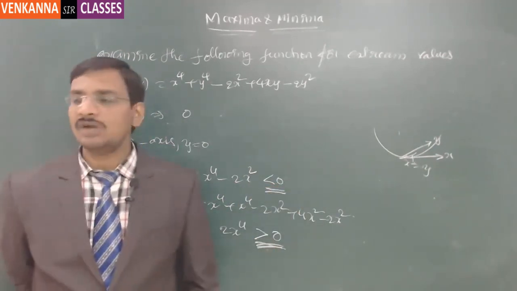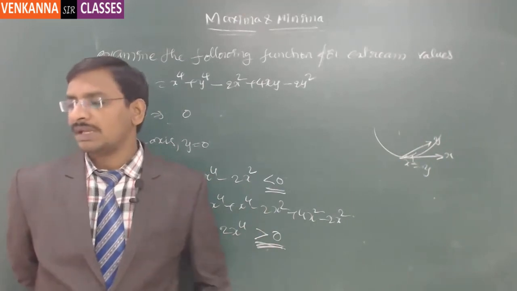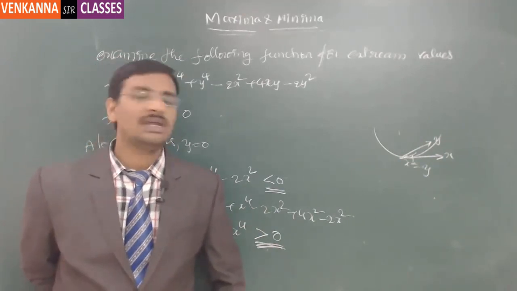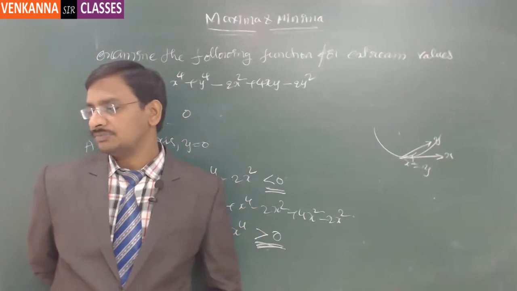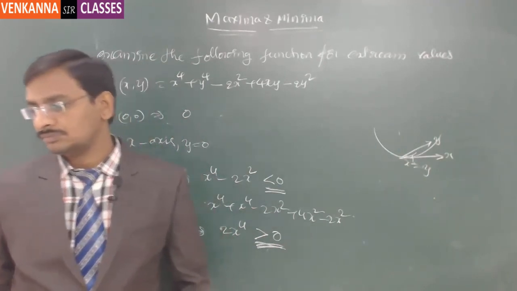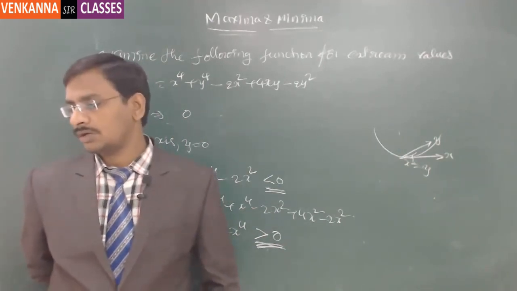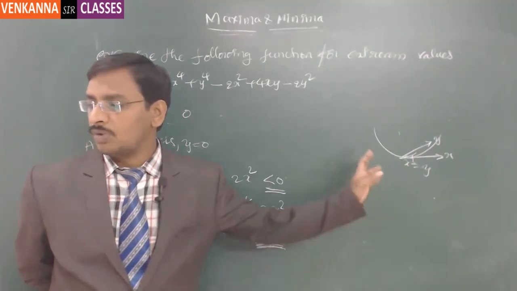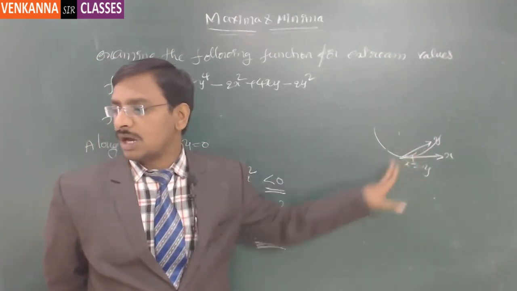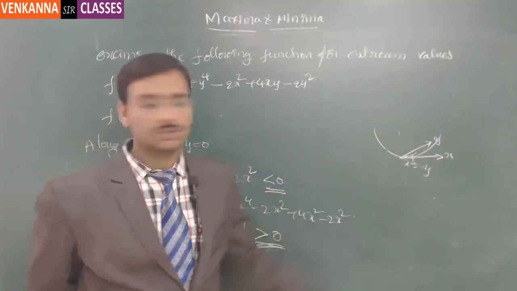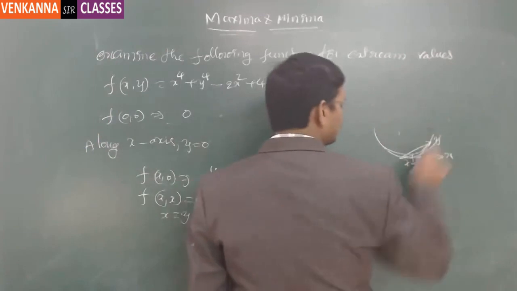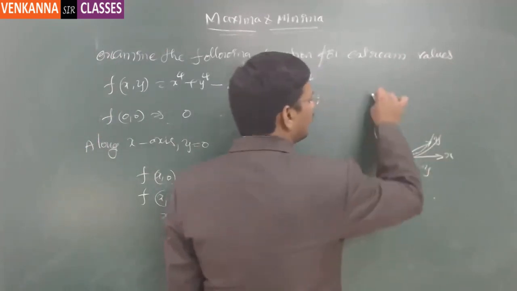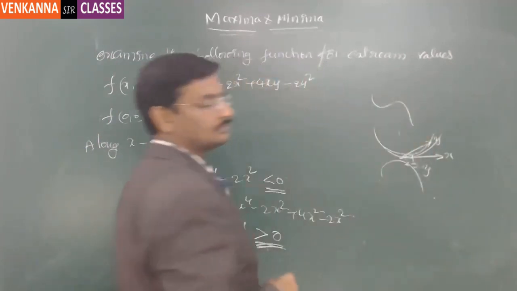So for a maximum value at one particular point, can it have a negative value and positive value for the same function? Got it or not? So it can be extreme only if both are positive or both are negative, correct or not? So the curve has to be either like this or like this, but it cannot be like this.